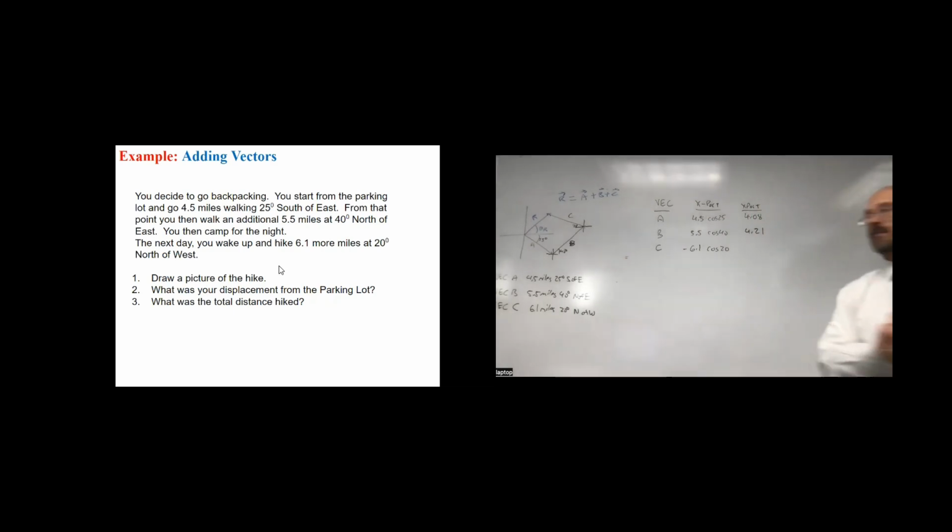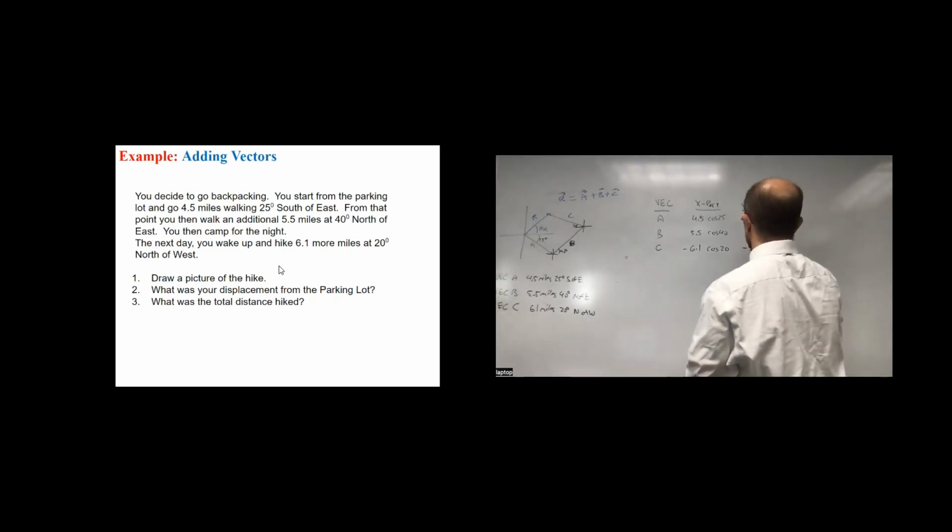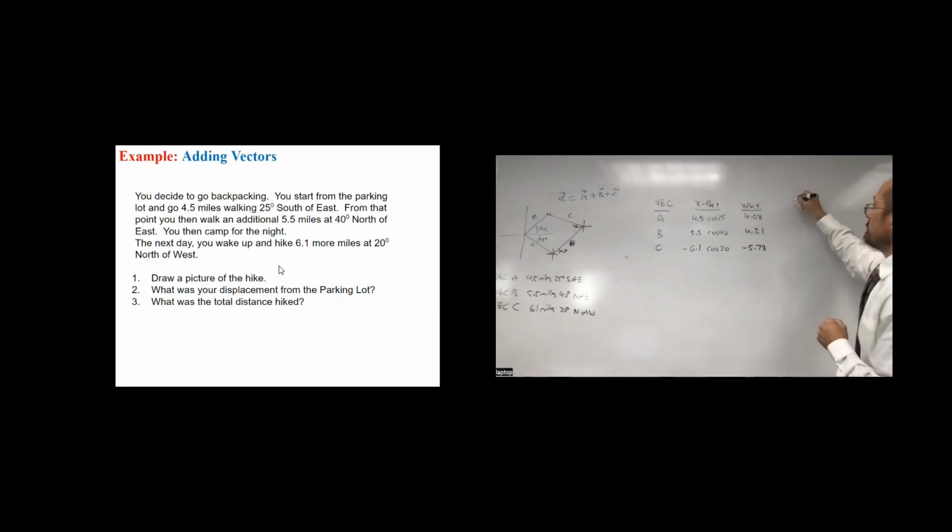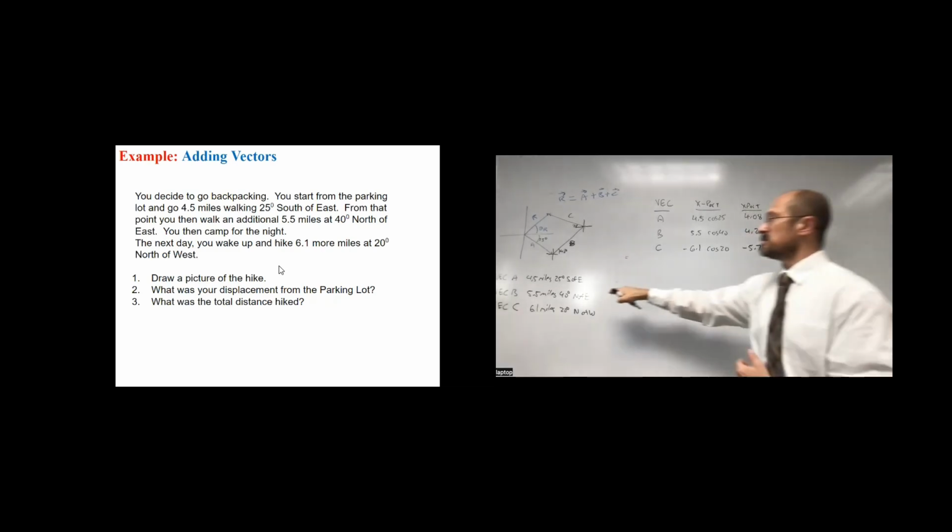And then 6.1 cosine of 20, negative 5.7.